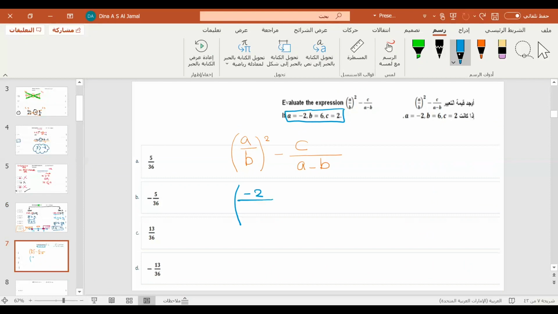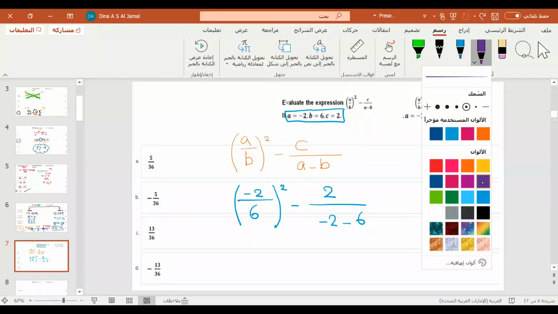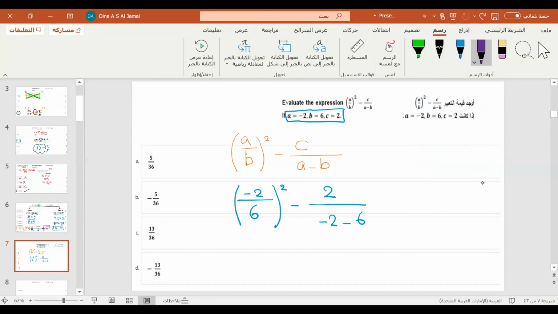Minus 2. What's your B? 6, all squared, minus your C is 2, A minus 6. So you can use your calculator, but don't forget your brackets, which will be giving you 13 over 36.